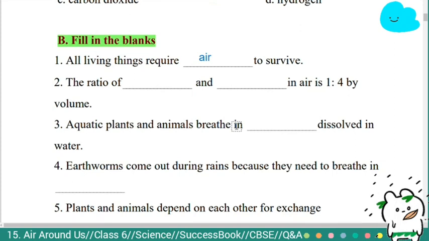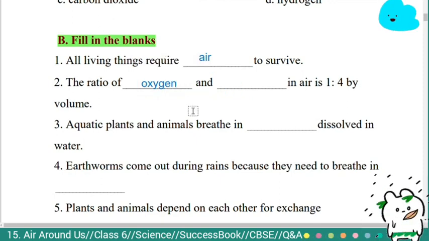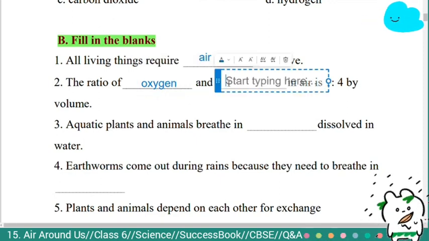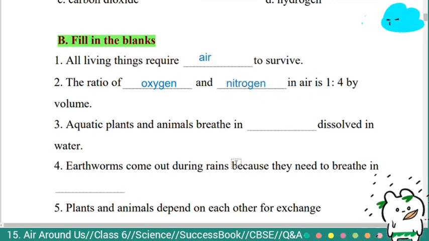Second, the ratio of dash and dash in air is 1:4 by volume. The ratio of oxygen and nitrogen in air is 1:4 by volume.